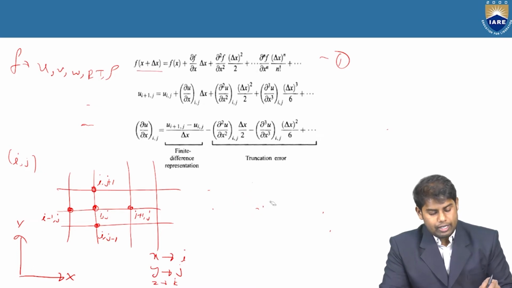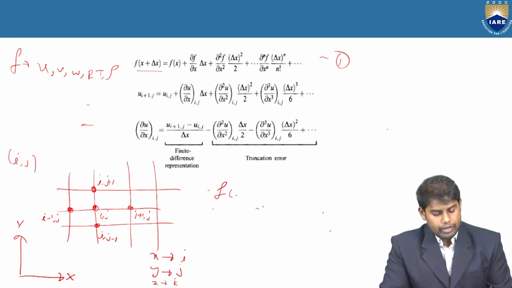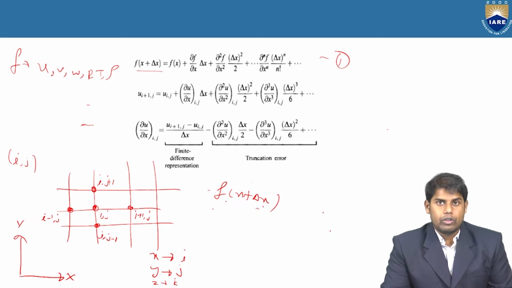So what is happening here is, f of x plus delta x is written as follows. As I told you, f would be velocity, pressure, density, or temperature. Here f is like u, x is i, and plus delta x is nothing but 1. If you are having the change along the x-axis only, then we write i plus 1 comma j. Instead of writing it this way, we write it in the subscript manner.